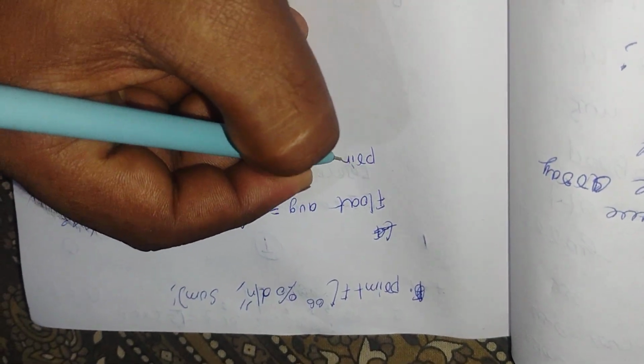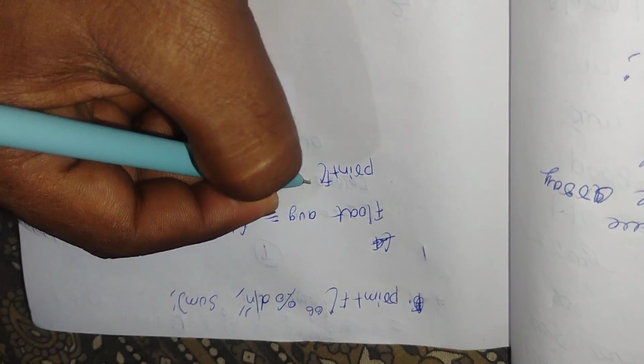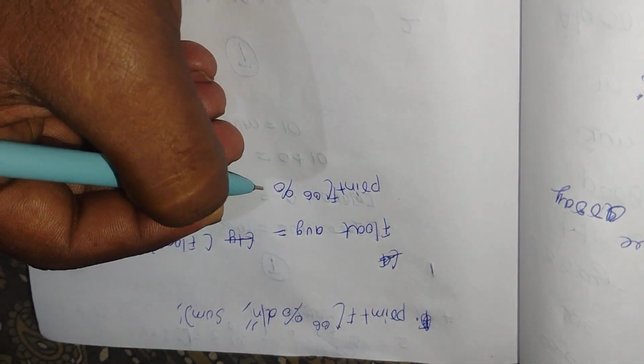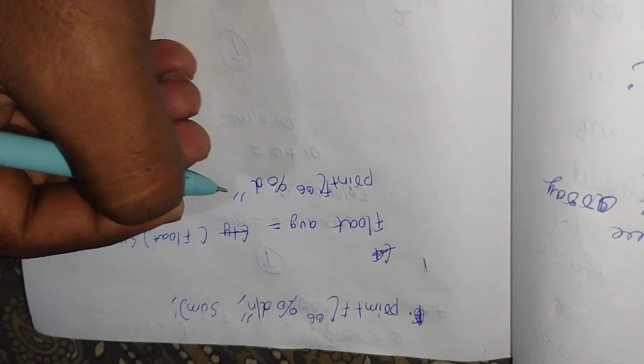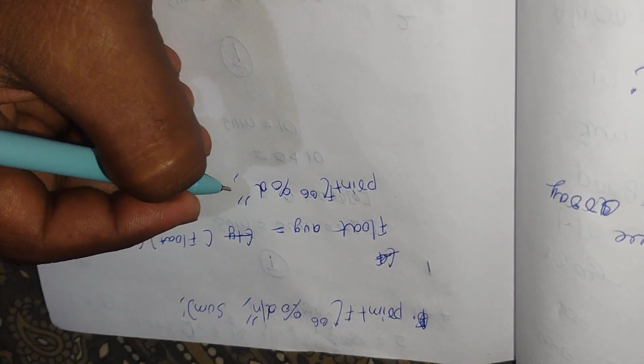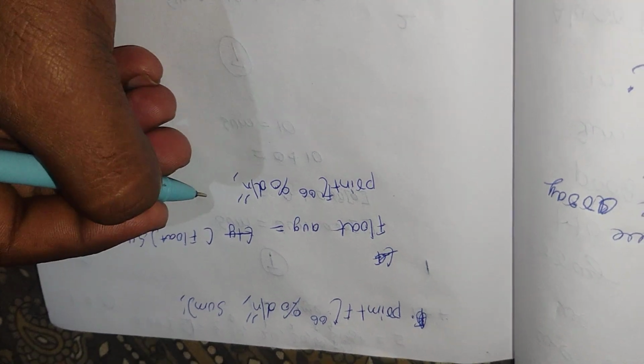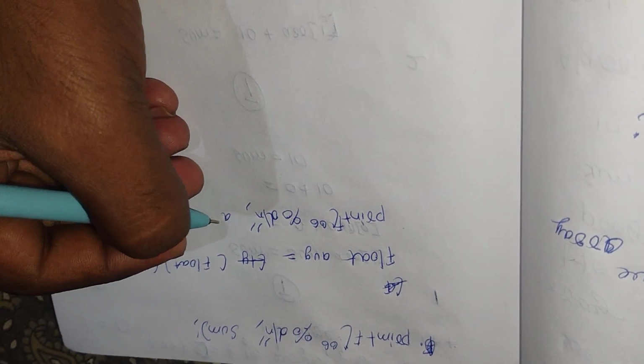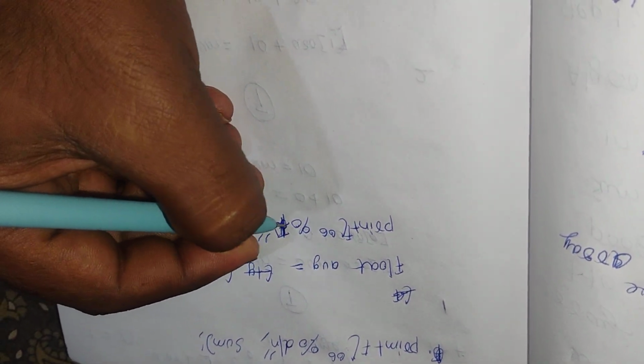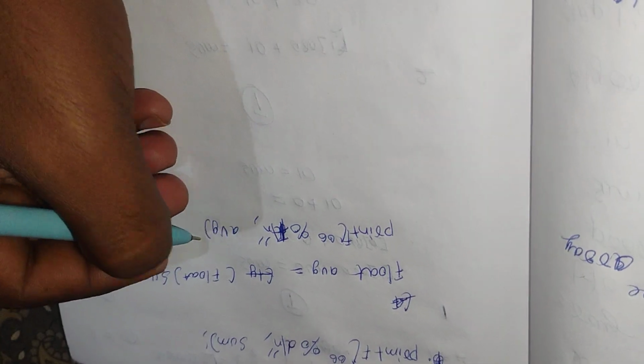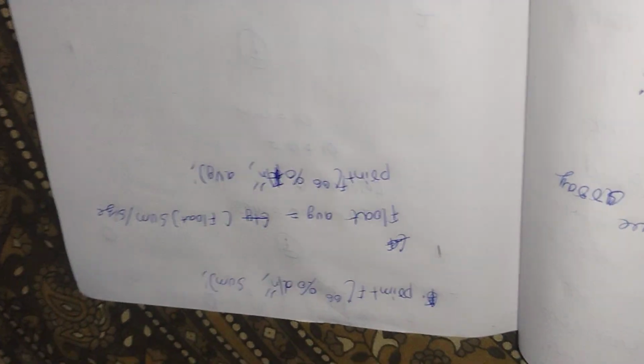Then printf open bracket, %f, close bracket, comma, avg. So this is how we can write the program.